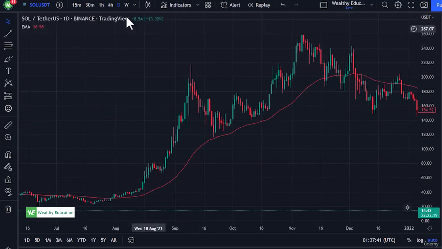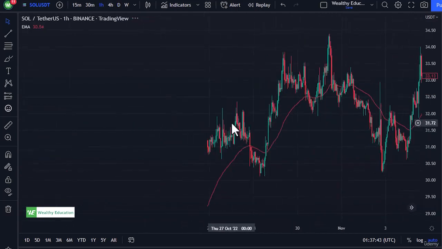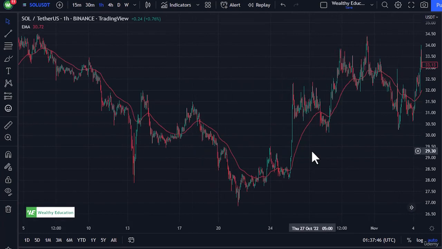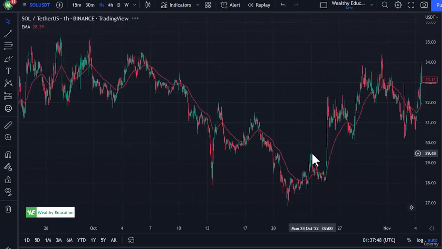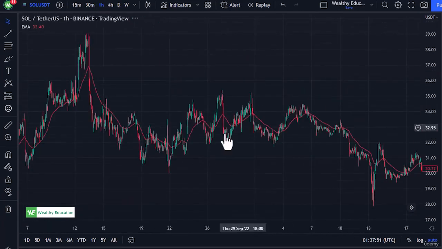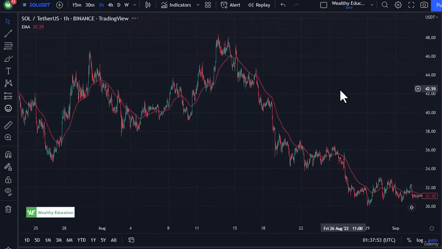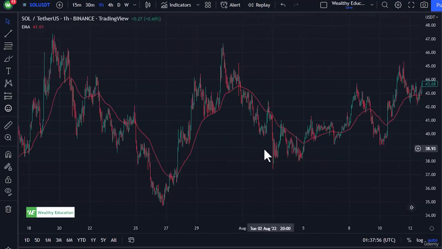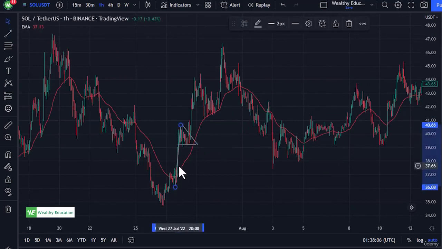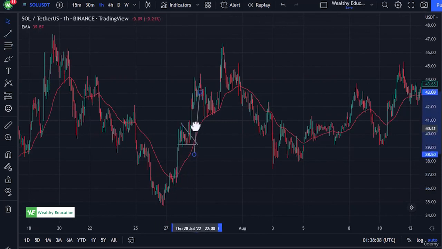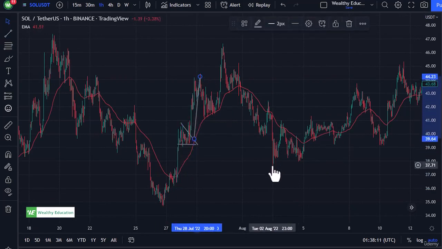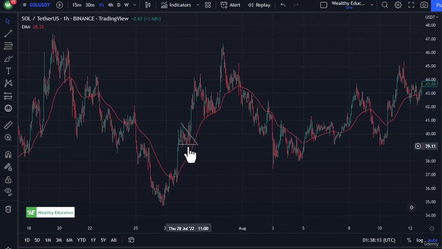So let me drop down to the hourly chart in Solana and get back to where, there we go, right there. A little bit of a pennant right here. Nice flagpole, right? Break above the top of it, and you go directly there a few hours later. You're using the 50 EMA.